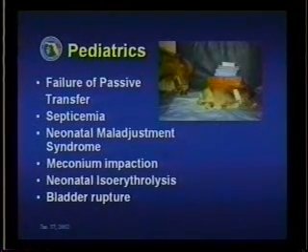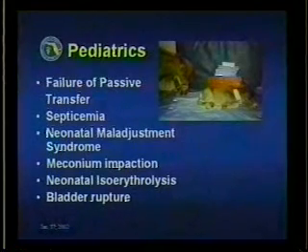Another common event in newborn foals is a rupture of the bladder, which can be traumatic and due to the forces exerted on the foal's abdomen by the time they're expelled out of the mare's pelvis. The abdominal contraction of the mare and the uterine contraction of the mare can actually compress the foal's abdomen to the point where a full bladder can literally explode.